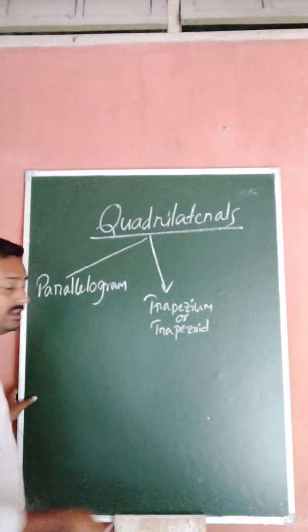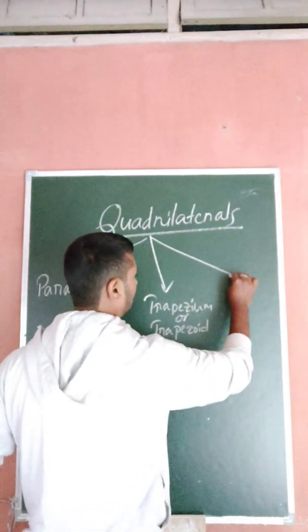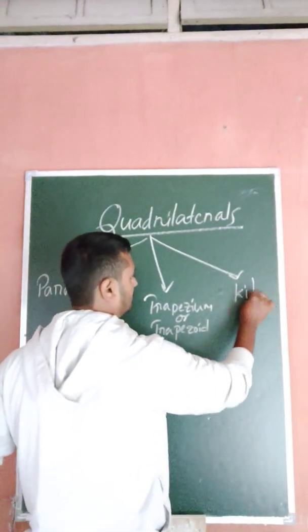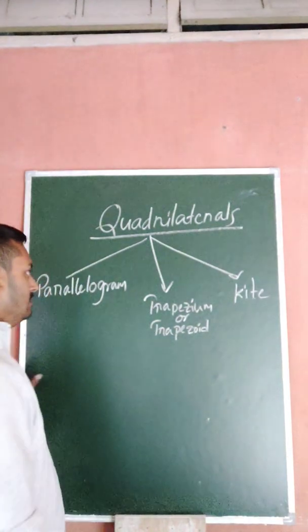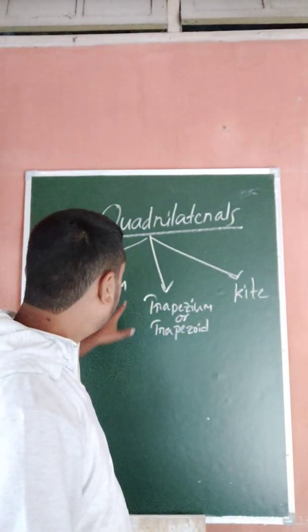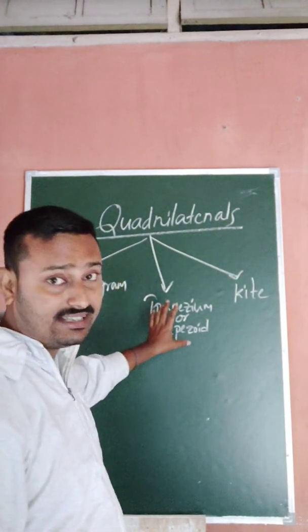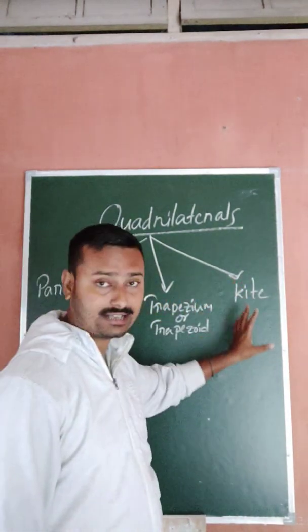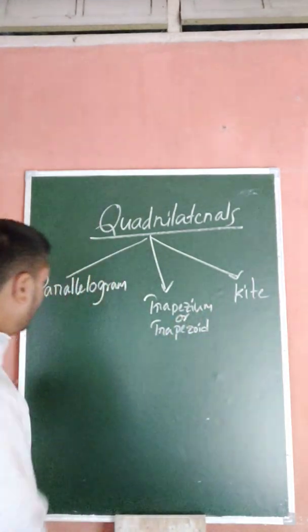And the third one is kite. So basically quadrilaterals are classified into 3 categories: one is parallelogram, one is trapezium or trapezoid, and another one is kite. Now come to the parallelogram.